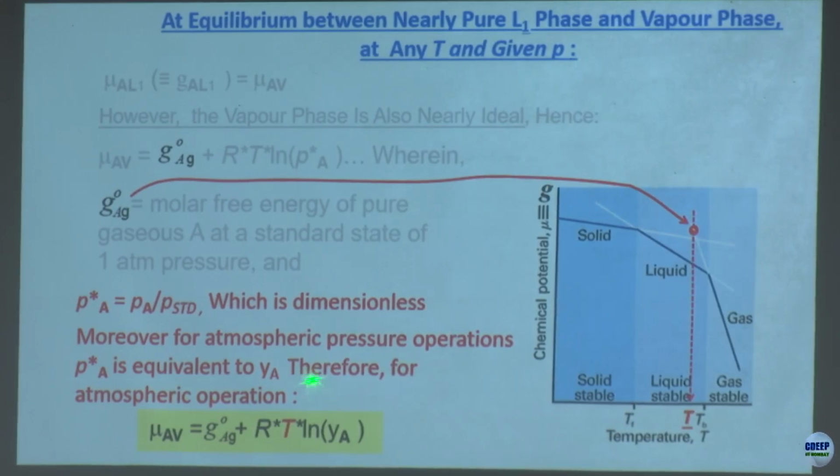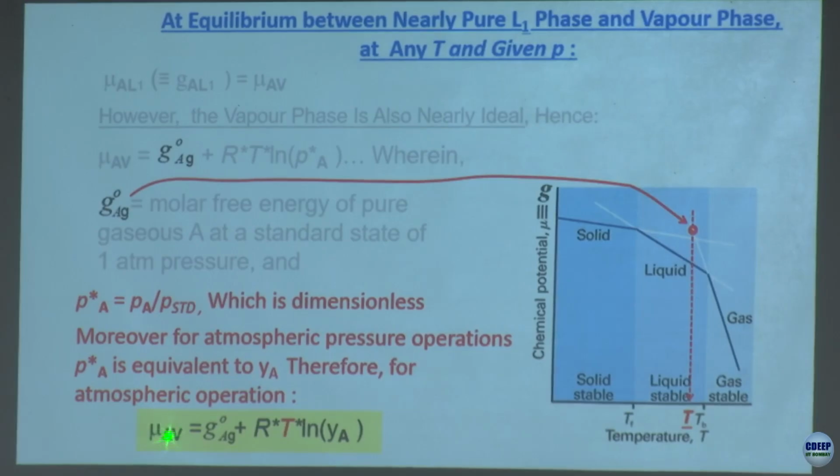Therefore, for atmospheric operation, you get the chemical potential of A in the vapor phase is equal to the molar Gibbs free energy of A in the gaseous phase, which is this value, plus RT ln YA, which is the mole fraction of A in the vapor phase, considered to be ideal, and total pressure is 1 atmosphere.